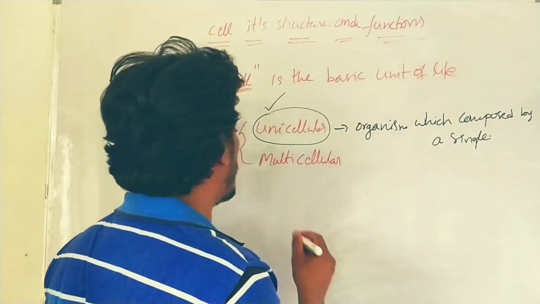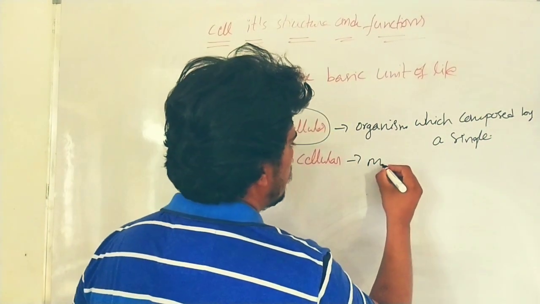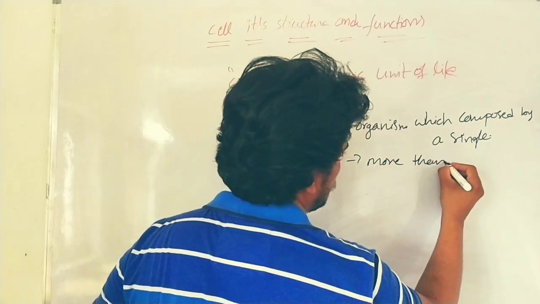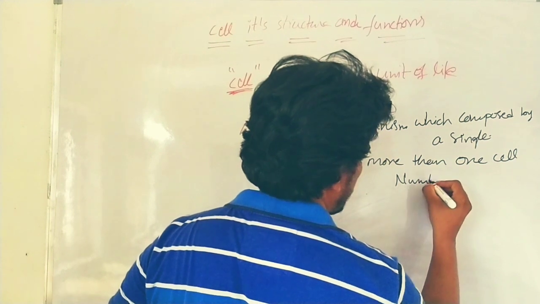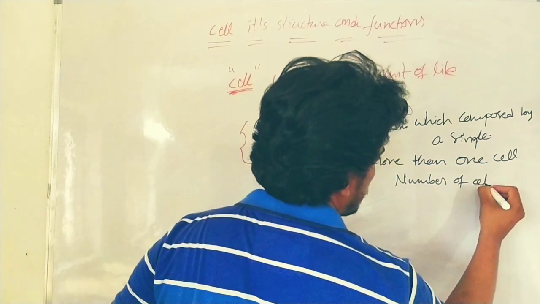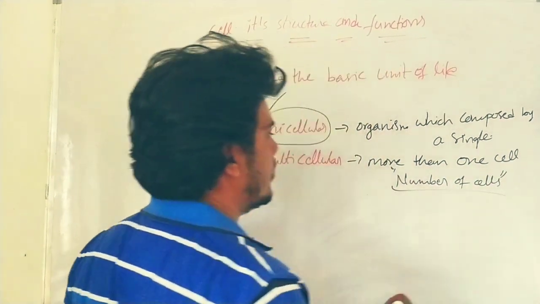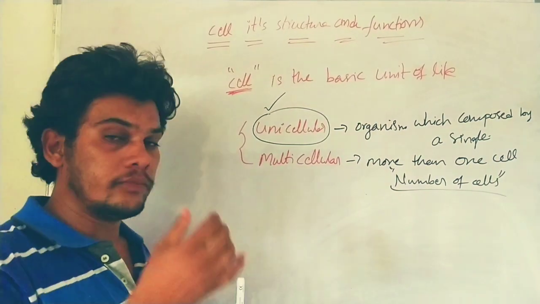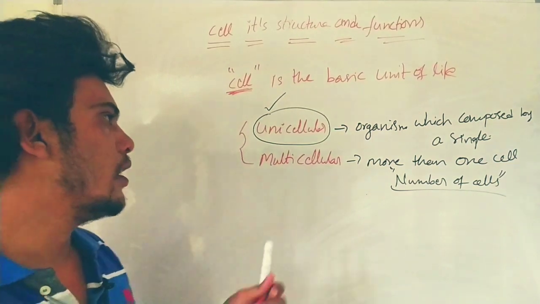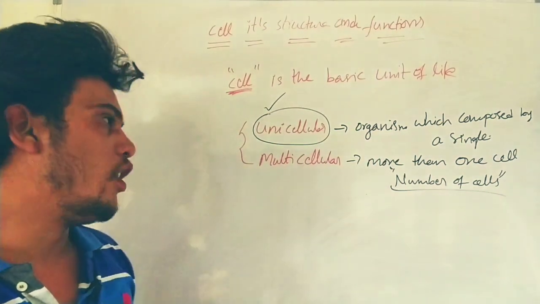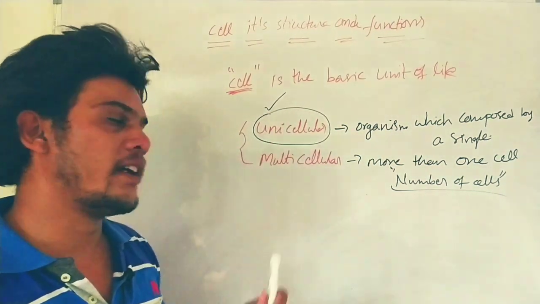If organisms are composed of more than one cell, meaning a number of cells, those organisms are called multicellular. So depending upon the number of cells, we can classify organisms as unicellular and multicellular.